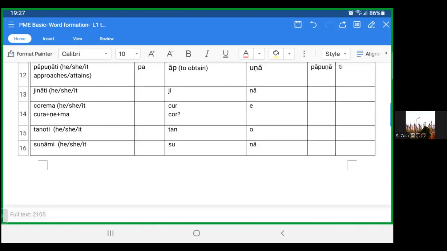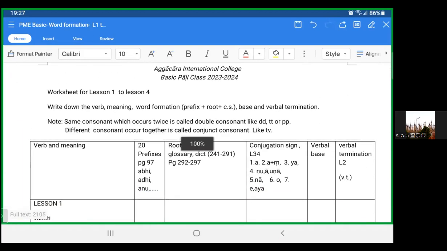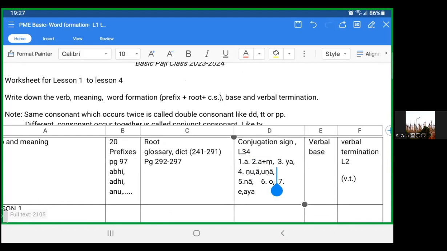Always remember what the group is. In lesson 34, group number 4 is very easy to recognize because it's all the lingual with the end dot there. Nu, na, unna.